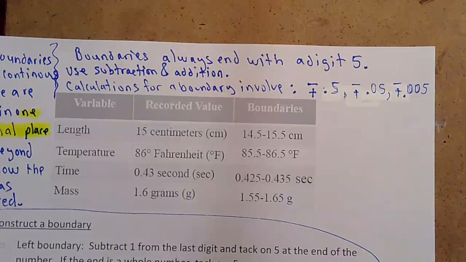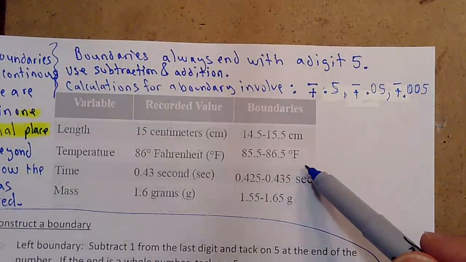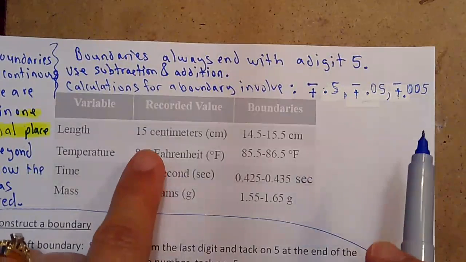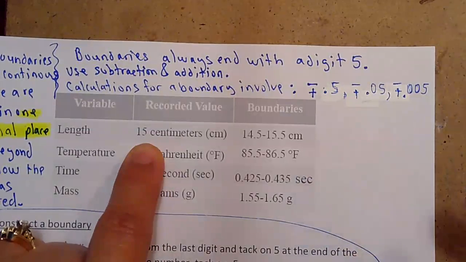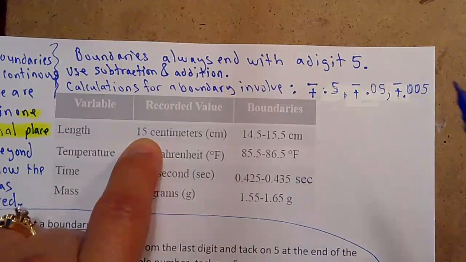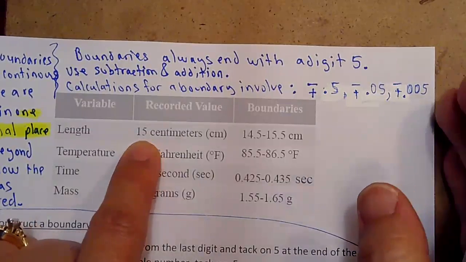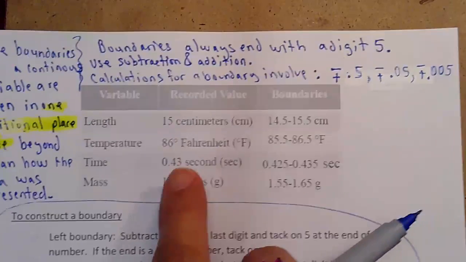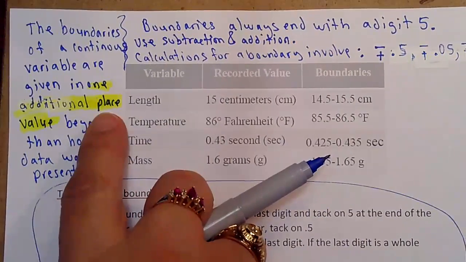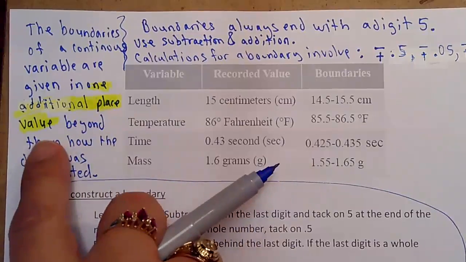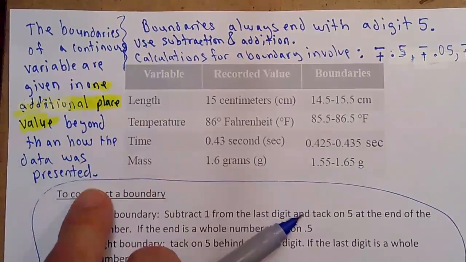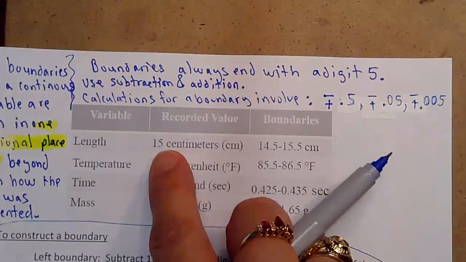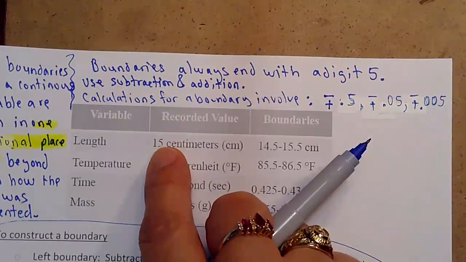Okay. So let's show you the work behind this here. Like the first one, 15, that's like a counting number, and this 5 is in the ones place value. So when you're creating your boundaries, you're working with one additional place value beyond how the data was presented. One decimal place beyond the ones place would be the tenths.